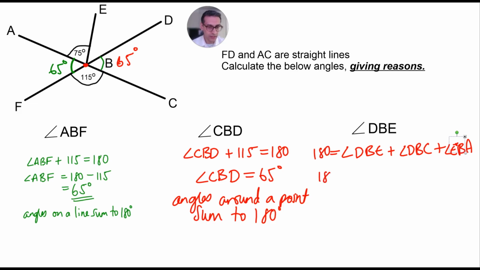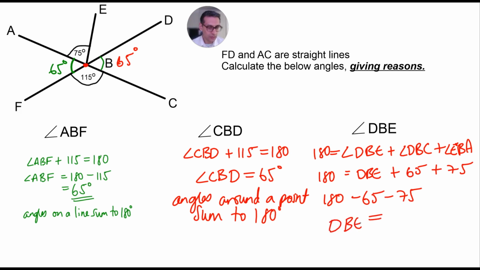So 180 is equal to DBE plus, and now we can just replace these with the angles 65 and 75. So 180 minus 65 minus 75 is equal to DBE, and that is going to give you 40 degrees. You may have done this a different way and that would have been fine.